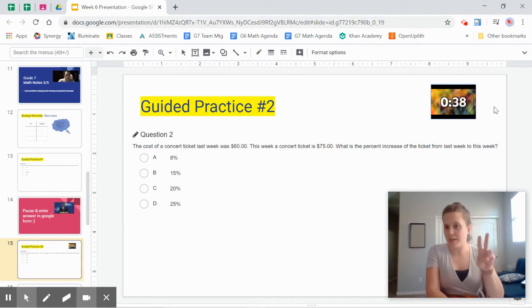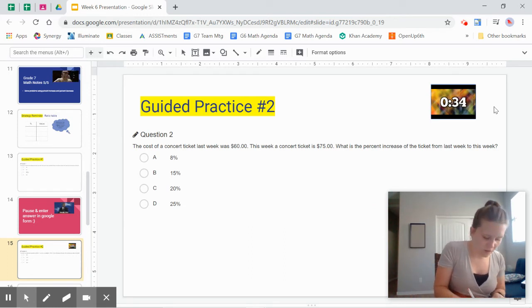You should be identifying 2 key pieces of information from the question and labeling the whole first.